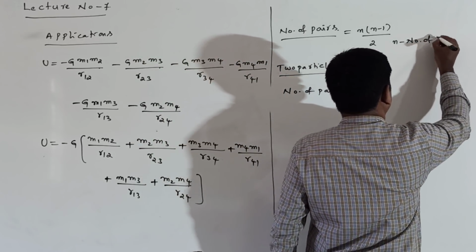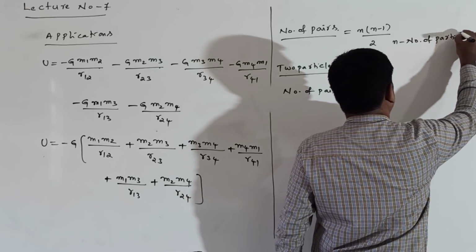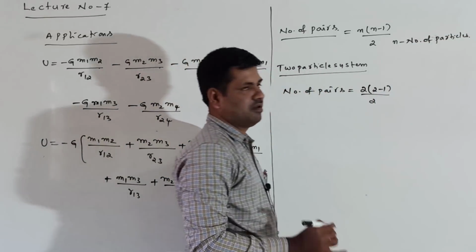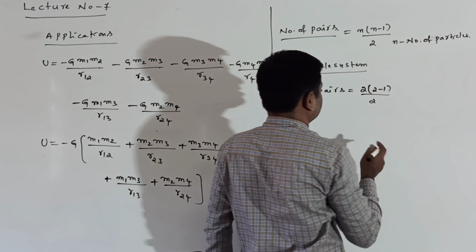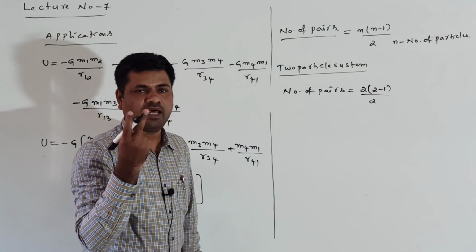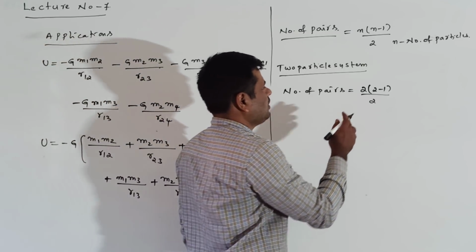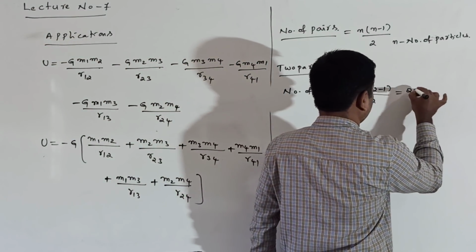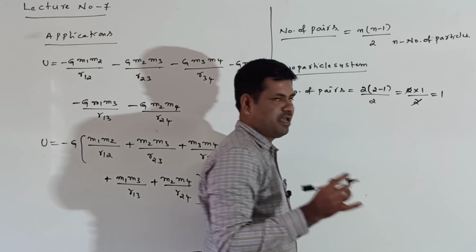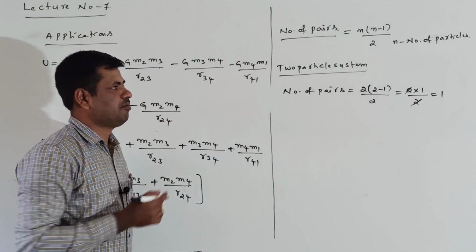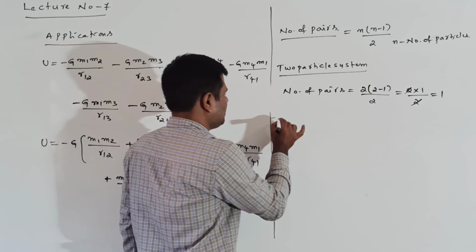N represents the number of particles. Okay, clear? Right, n means number of particles. Here 2 particle system means the number of particles is 2. 2 into 2 minus 1 by 2 means 2 into 1 by 2. Here the 2 gets cancelled. How many pairs here? 1 pair for the 2 particle system. Now the 3 particle system.